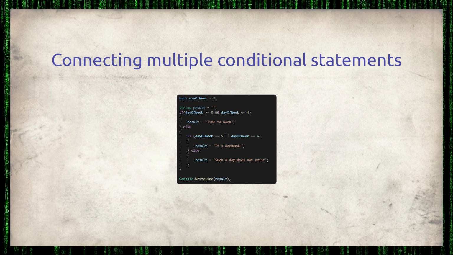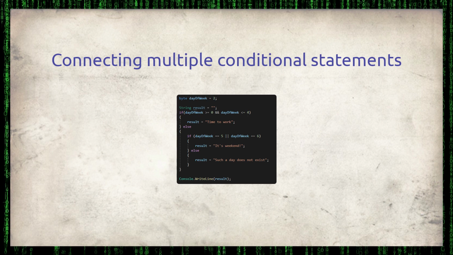If day equals 5 did not succeed, so let's say the day of the week was actually 6, it comes into the else and the if day of week equals 5 will fail. But then there's the or, day of week equals 6, and that does succeed, and it'll change the value of the variable to weekend.